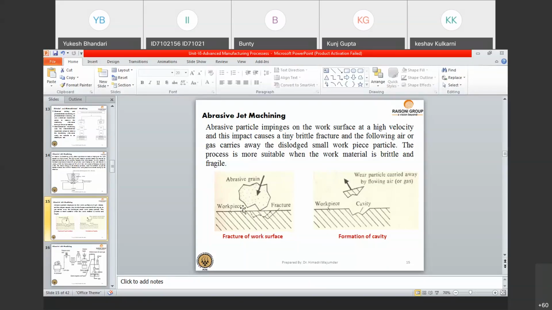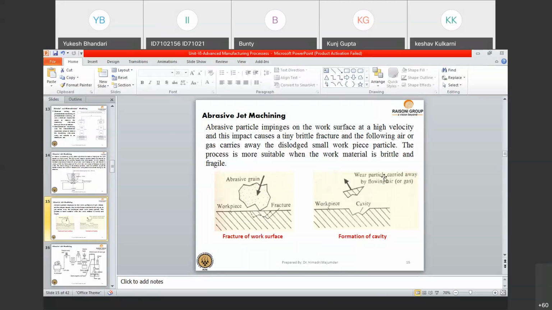Then we provide flowing air or gas; in abrasive jet machining we generally use air or gas. That air or gas removes the small dislodged work particle, like this.